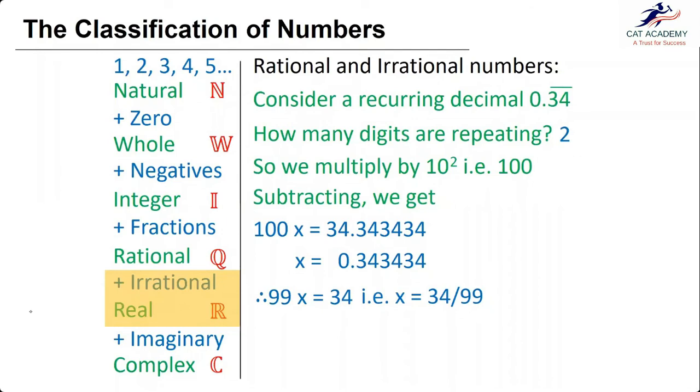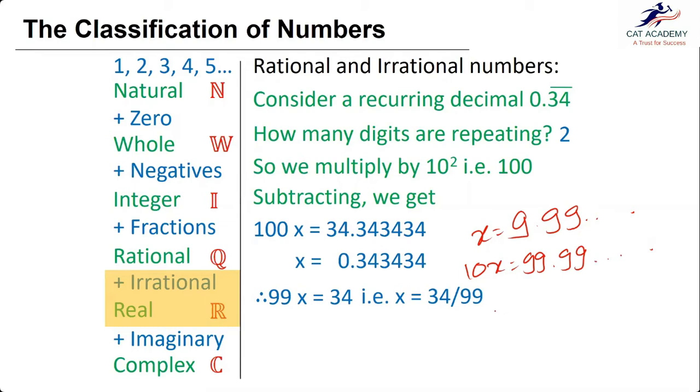Vaibhav, 9.999 would be simple. So I will shift the decimal by 1. So x equal to 9.99, and if I shift it by 1, 10x equal to 99.999 and so on.